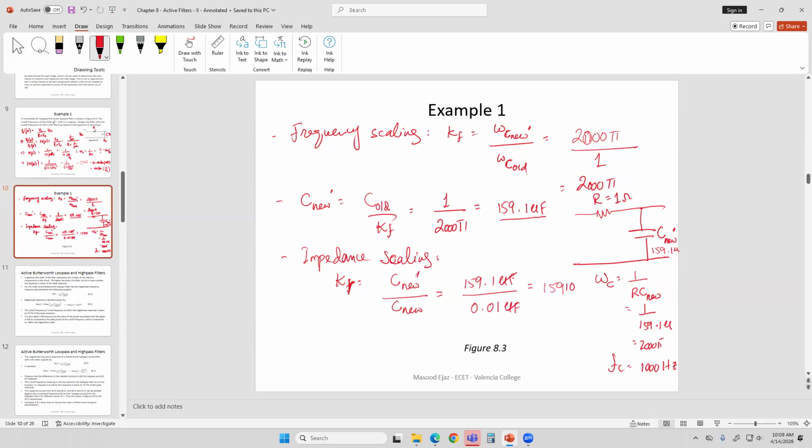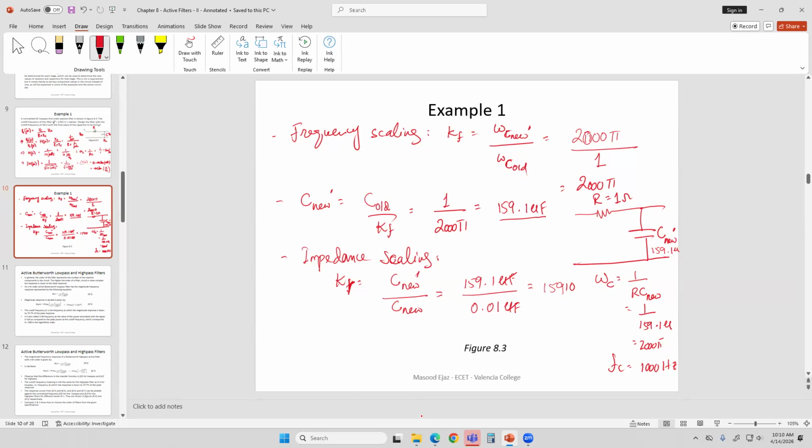Now, the impedance scaling factor has to be multiplied by all the values of resistors to get the new value of resistors, and the values of capacitors have to be divided by the impedance scaling factor. We already know the new value of the capacitor, of course, it is 0.01 microfarad. So if you divide 159.1 by 15910, you're going to get 0.01 microfarad.